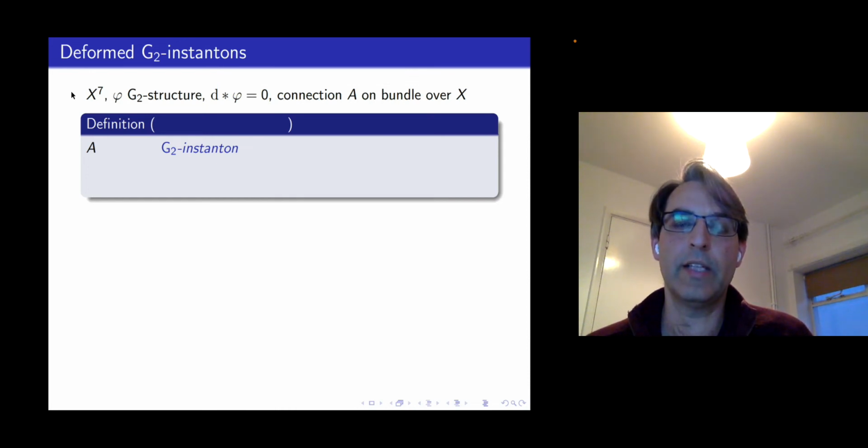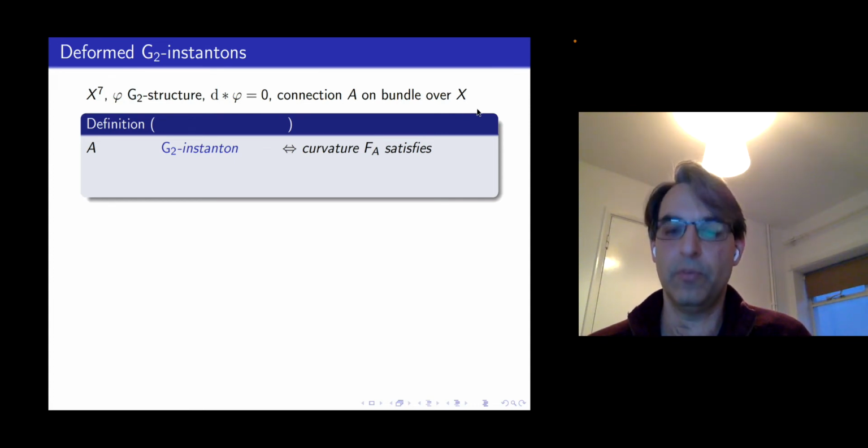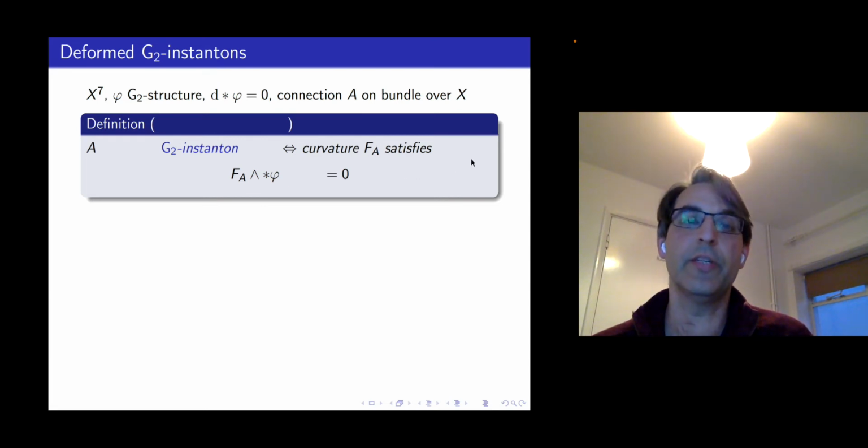What it means is that if I look at the curvature of A, so that's going to be an endomorphism valued 2 form, F_A, then it satisfies this equation, namely that if I take the 2 form and wedge it with the star of the 3 form, so this is a 6 form, I want it to vanish. And you'll hear about G2 instantons in other talks in this series.